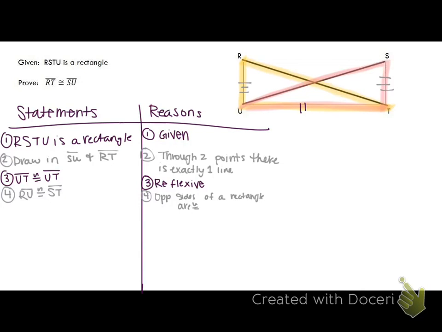What kind of angles are all of the angles in a rectangle? Right angles. That is the definition of a rectangle. So we know angle RUT and angle STU are right angles. That is the definition of a rectangle.